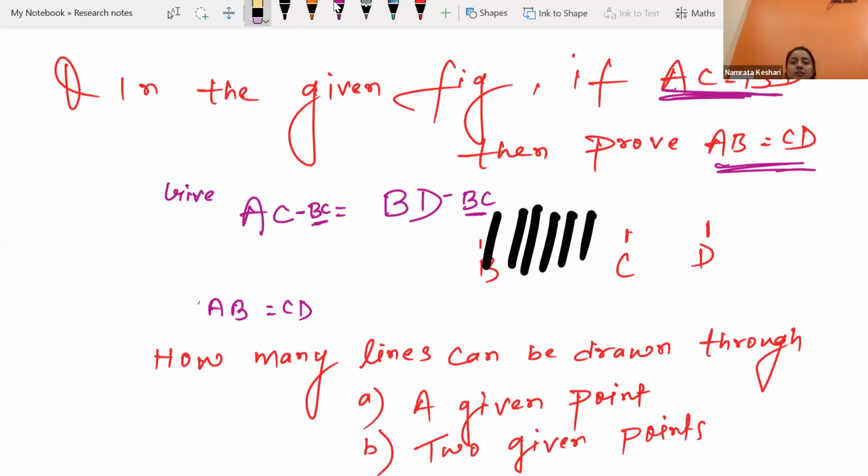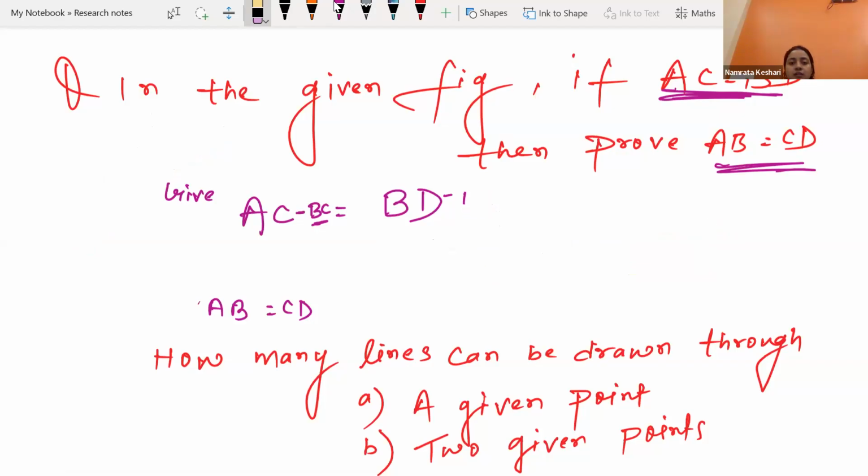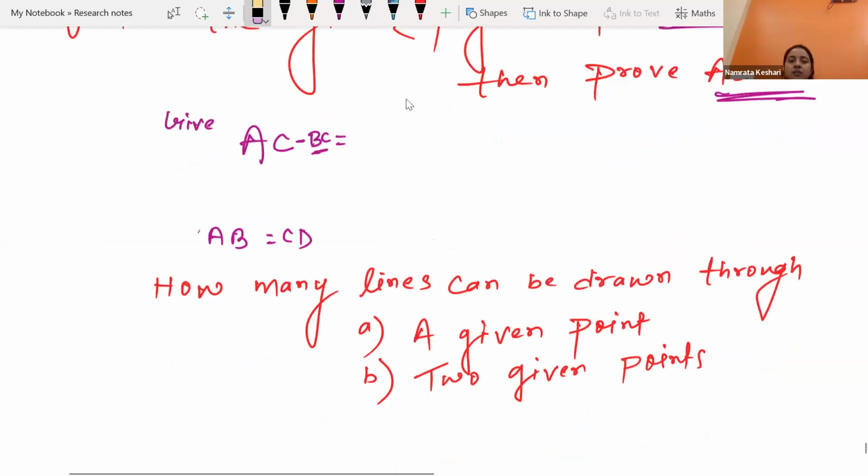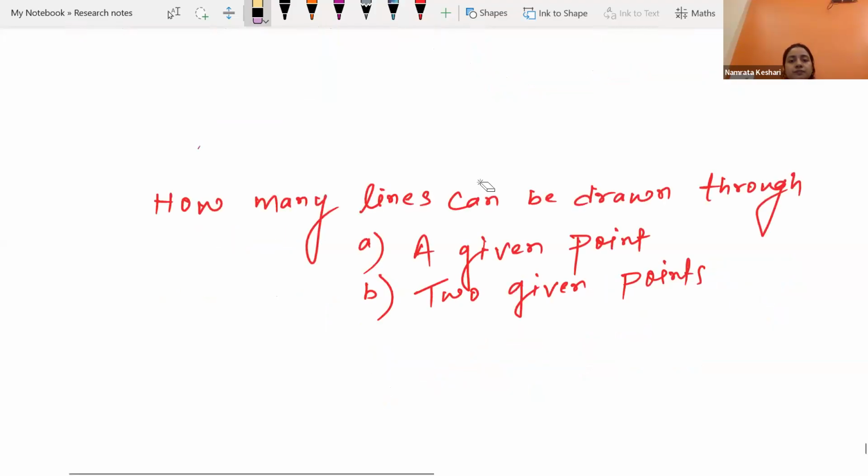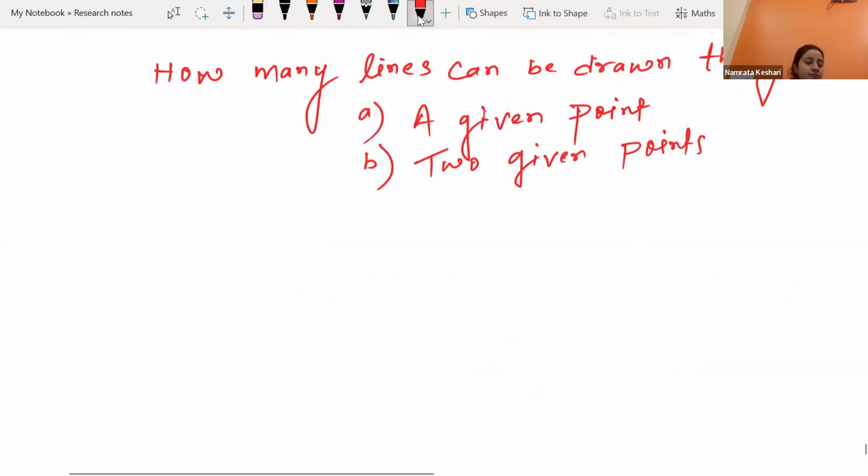Please tell me the next one. This one. How many lines can be drawn? A is infinite, B is 1.